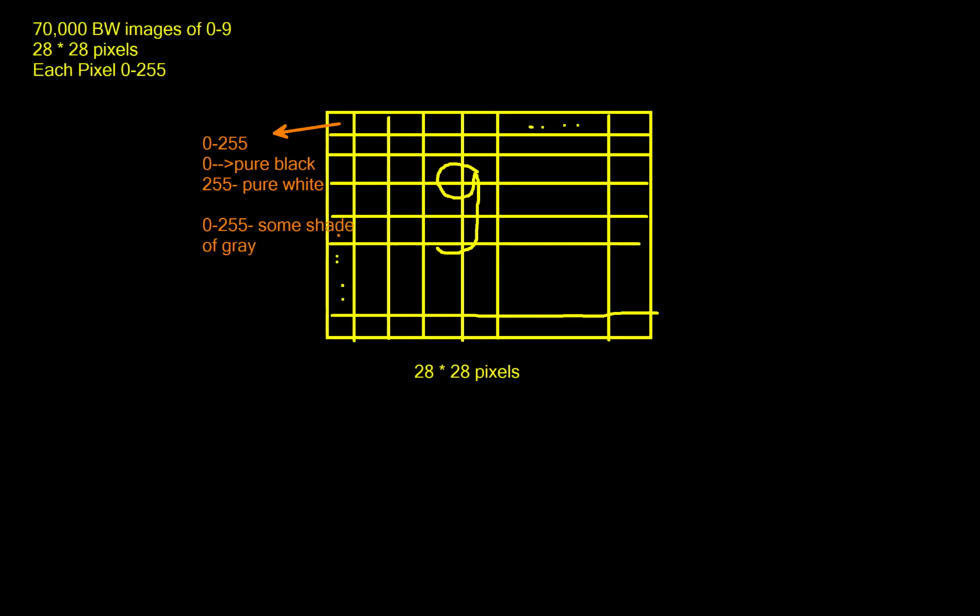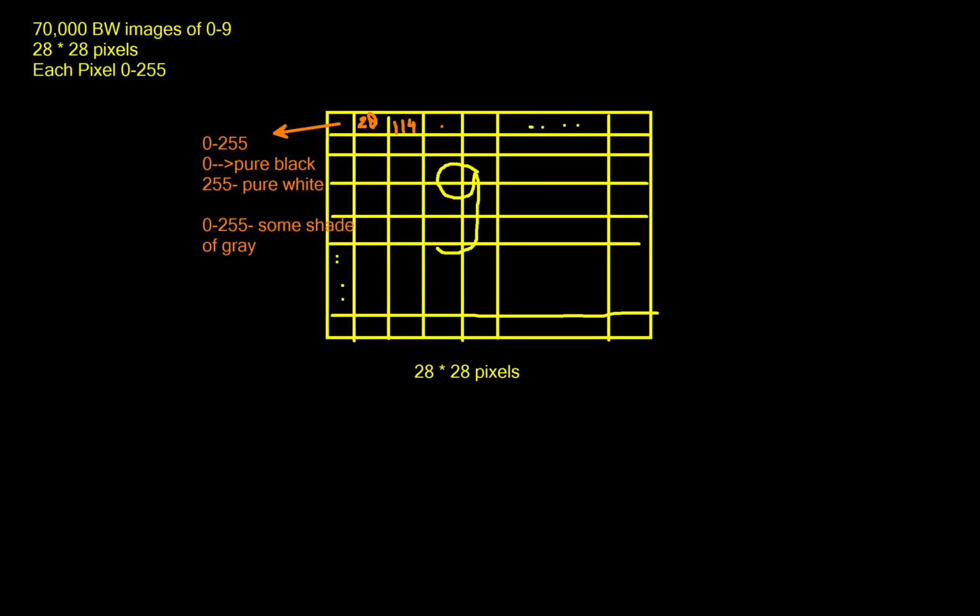So when this image is divided into these small cells, in each cell some number will be written. For example, here 28 will be written, then here 114. Some number is written based on the whiteness or grayness of that image in that particular area. That's how they created this MNIST dataset.